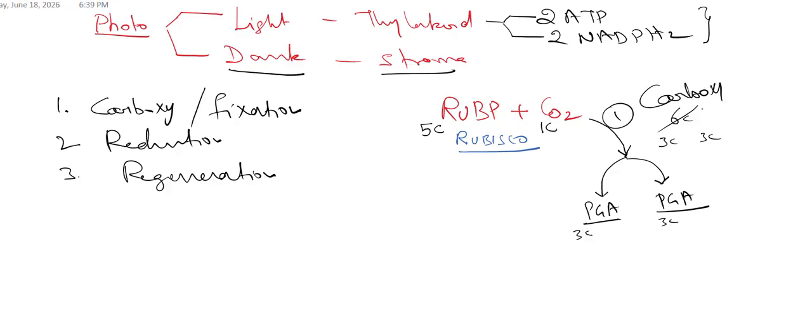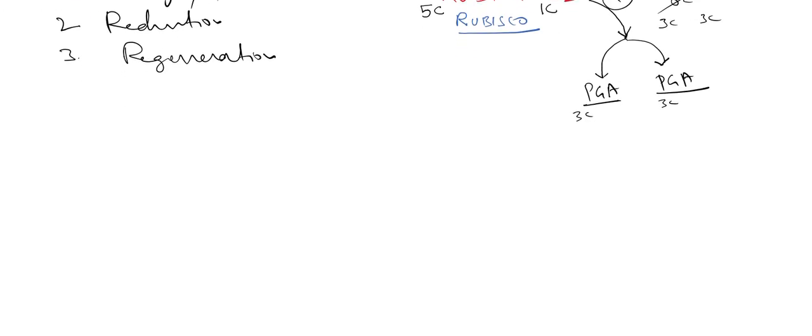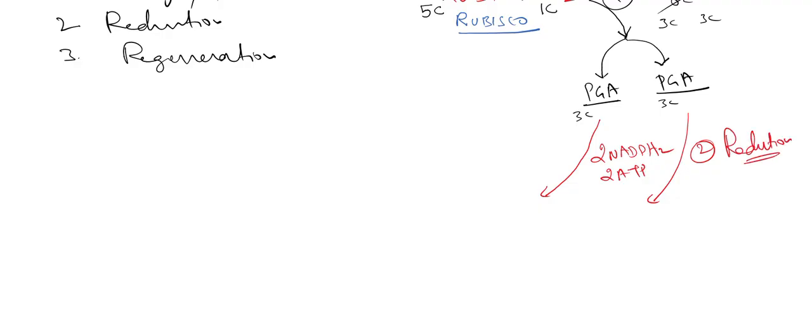Now, after carboxylation, this PGA molecule, phosphoglyceric acid, undergoes the second step of the Calvin cycle, nothing but reduction. For this step only, the 2 NADPH2 and 2 ATP produced out of light reaction help here. So for the second step of reduction only, the light reaction is required.